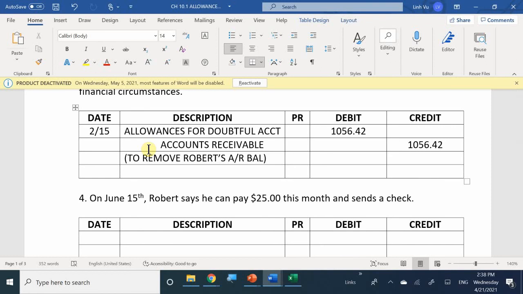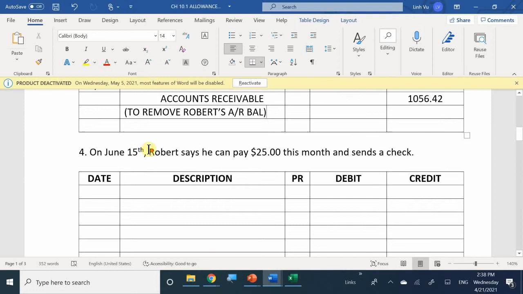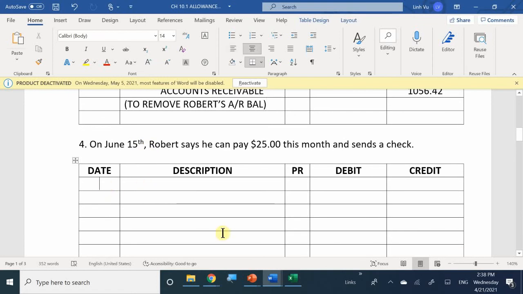But that's the one thing that you need to know too, is that you can reverse your allowance for doubtful accounts. So in this case, this is June 15.